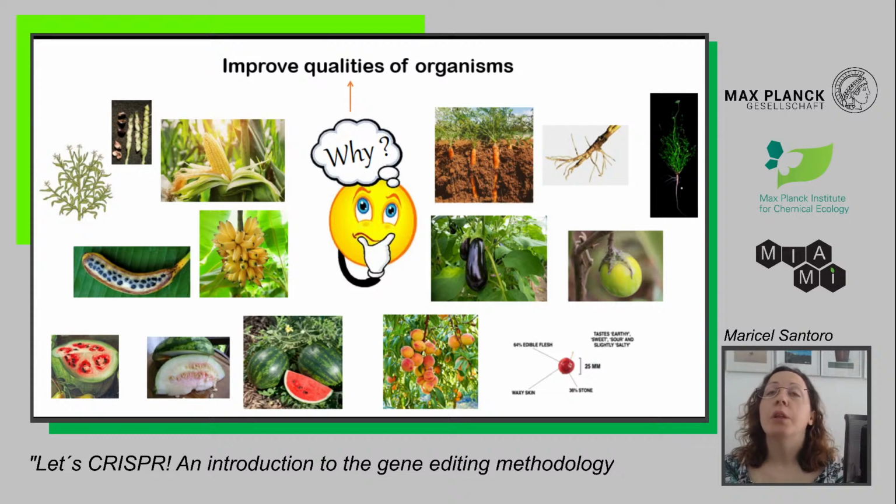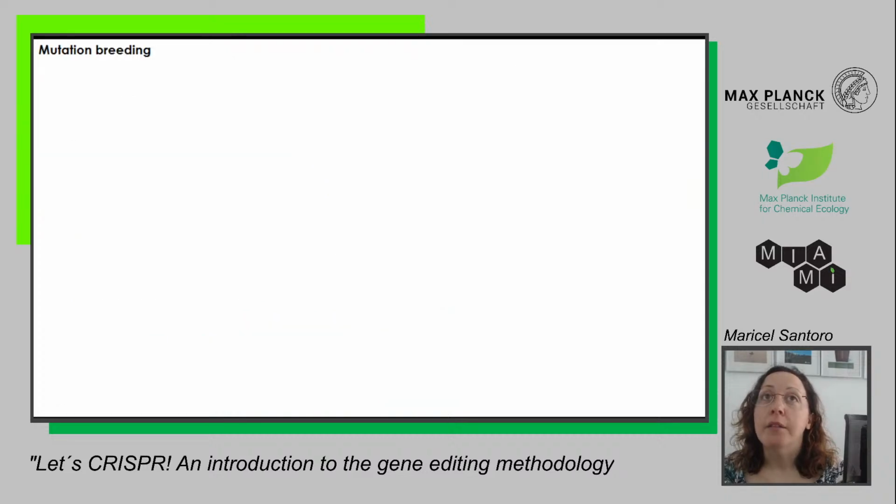So everything has been done to improve qualities, to reduce, for example, bitterness in the fruits, to improve the water content, the fleshy content, the flesh that we have in the fruits. So this has been done without knowing what we were doing. Centuries ago, we didn't know what we were doing, and we were actually selecting better DNA in the plants.